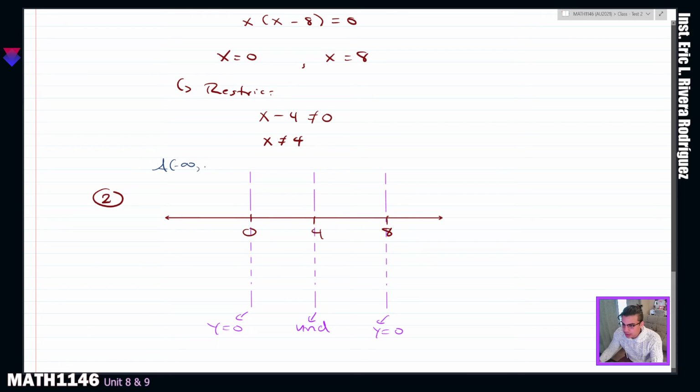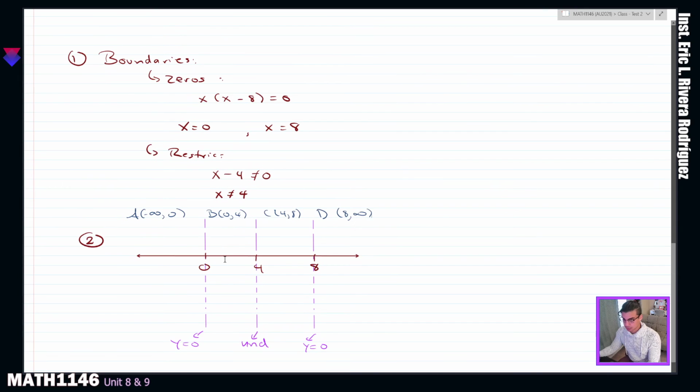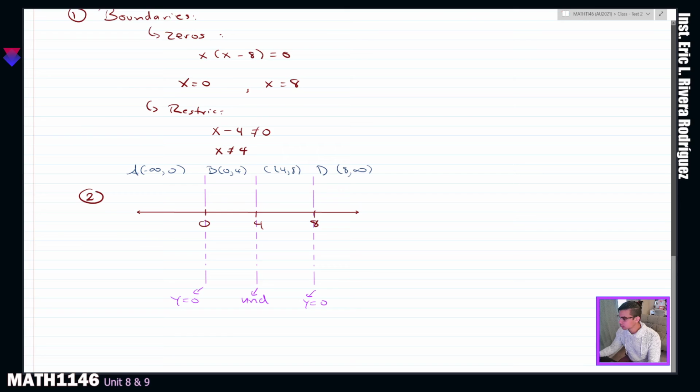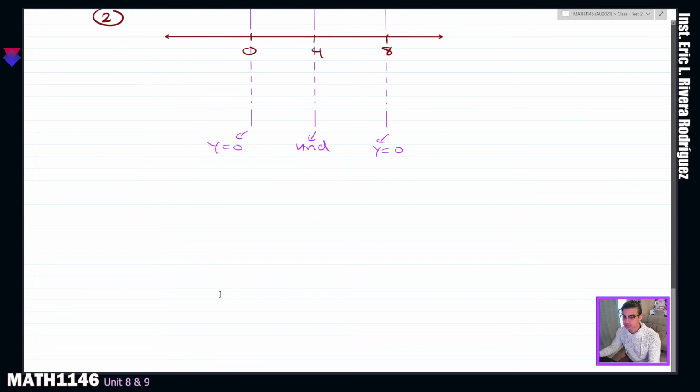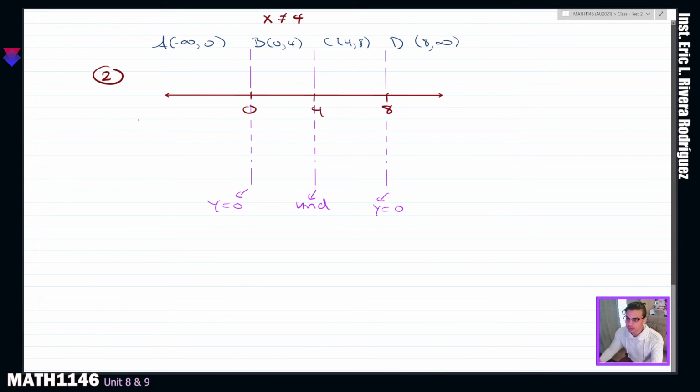From negative infinity to 0, from 0 to 4, from 4 to 8, from 8 to positive infinity. Here I'm going to test for negative 1. Here I'm going to test for positive 1. Here I'm going to test for 5. And here I'm going to test for 8.